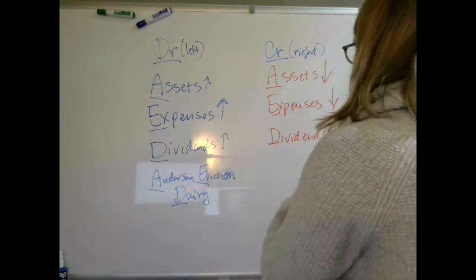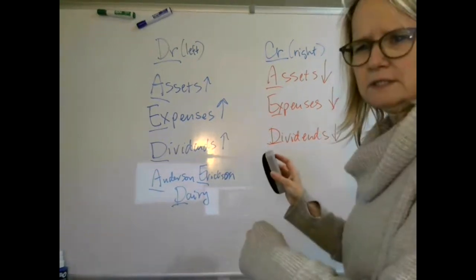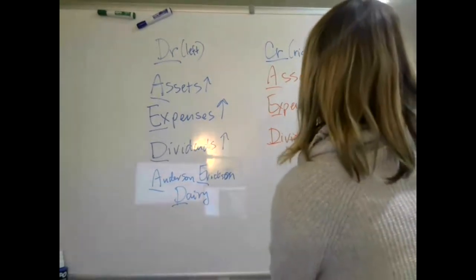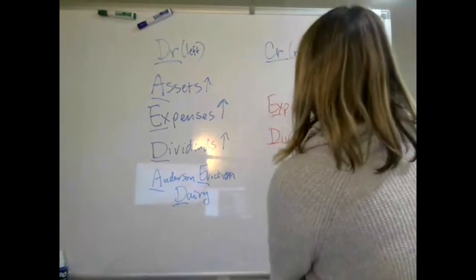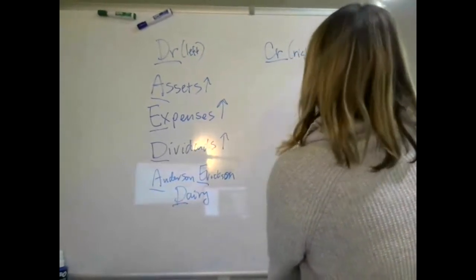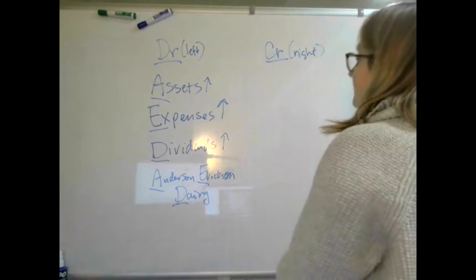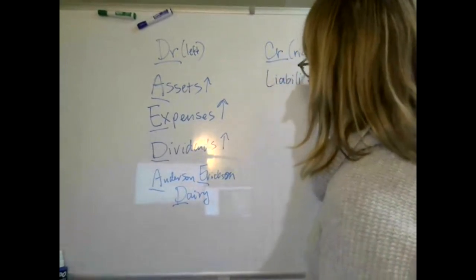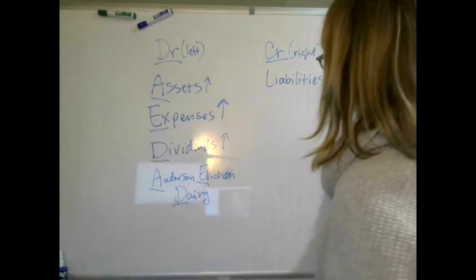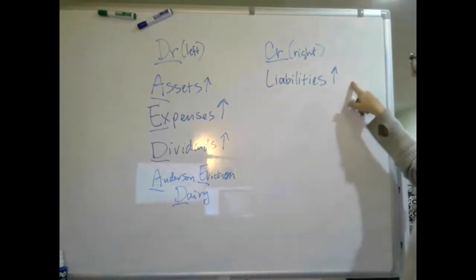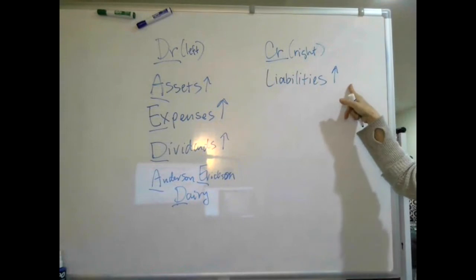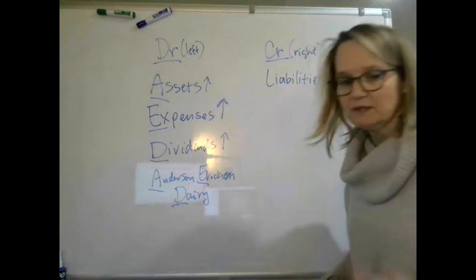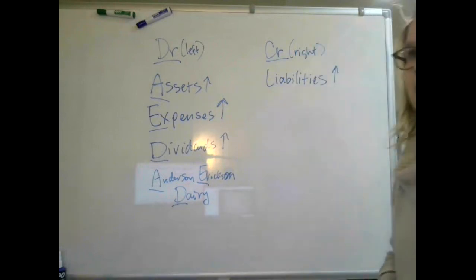Okay, so that said, I'm going to put the liabilities back up here. So liabilities would be an account that we credit to increase. Now, some of the liability accounts, remember a liability is something that we owe to somebody else, right?